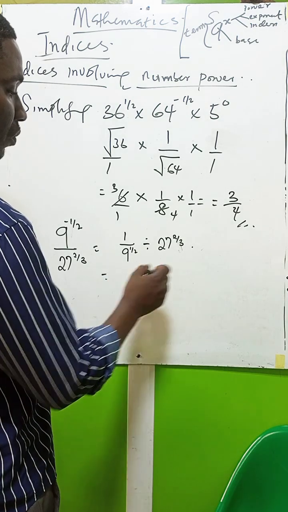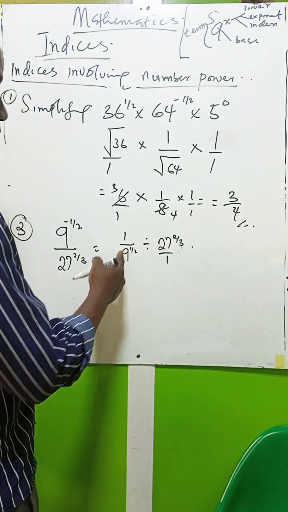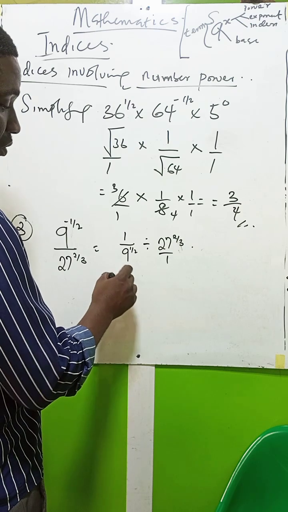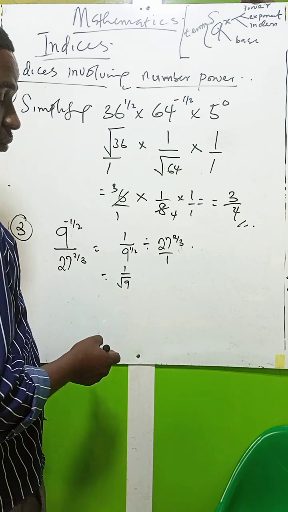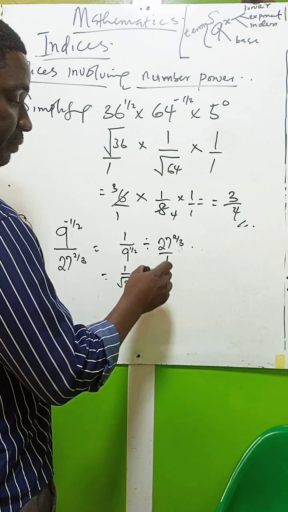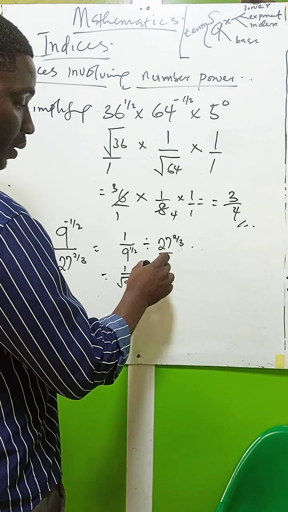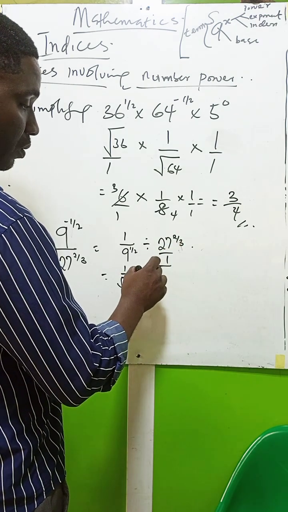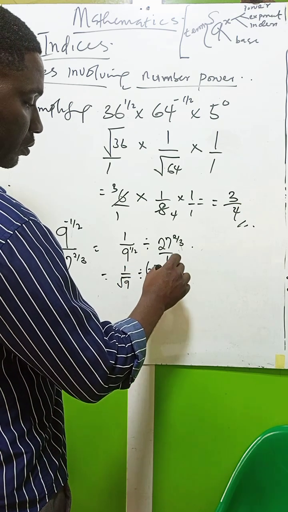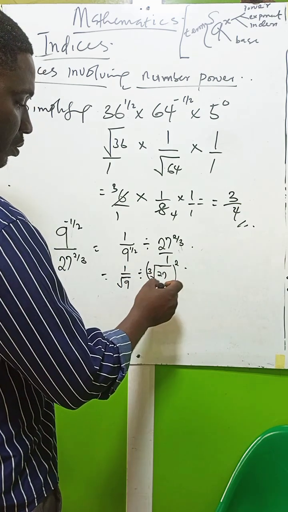Now, this is 1 over root of 9, divided by 3 all into the power 2.